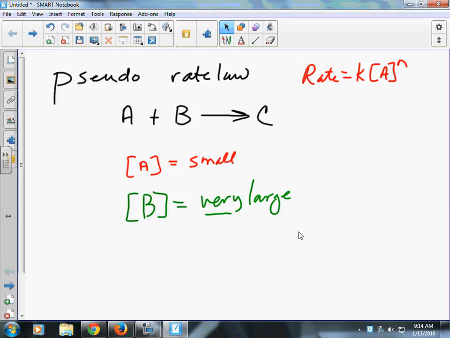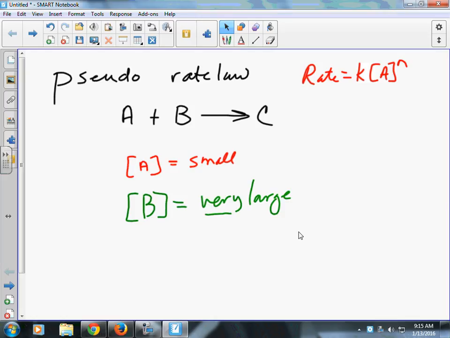If we start out with a lot of B, and let's say this is a 1-to-1 mole ratio, any changes in B, compared to A, B is huge. So any changes in B are going to be insignificant. So A would be the college student, B would be Donald Trump. You see what I mean?